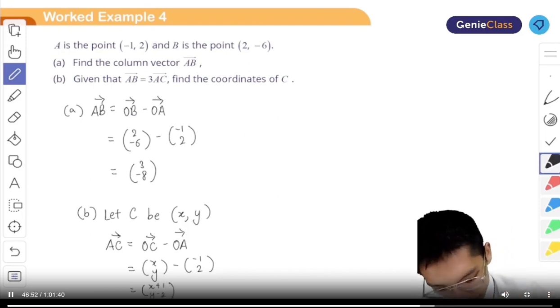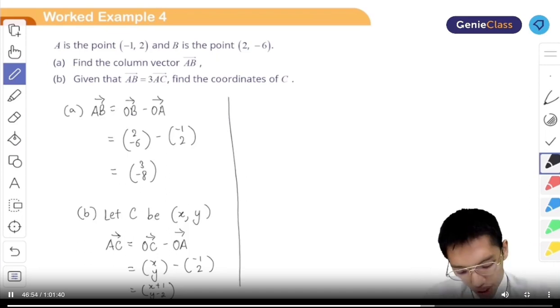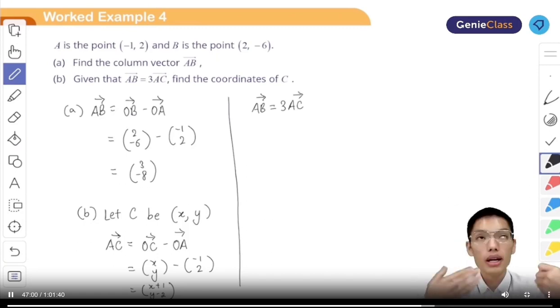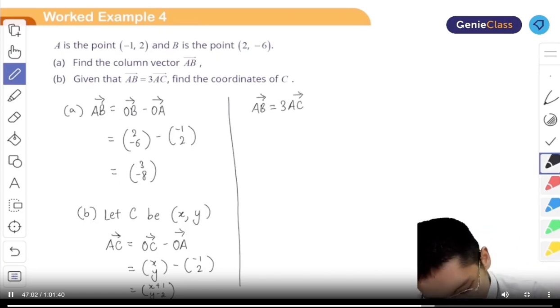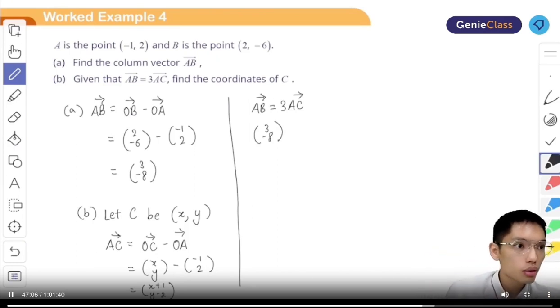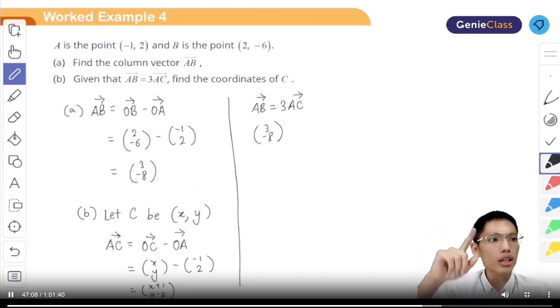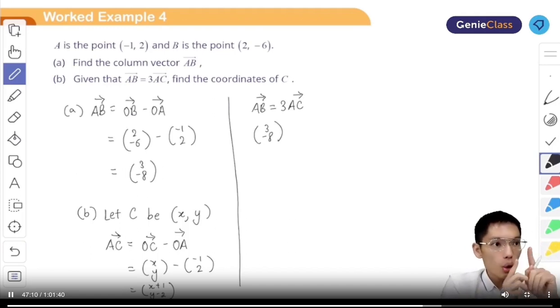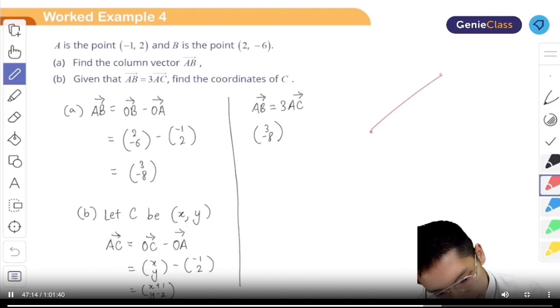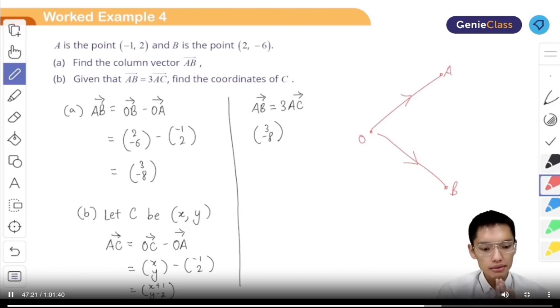From there, they already tell you AB is 3AC. So what do I have? Write it down. AB is equals to 3AC. What is AB? AB from part A, 3, negative 8. For finding OB, nope, you cannot because it's from A to B. OA minus OB. If I draw OA, let's say OA is here, OB is here, Jude. OA minus OB. Am I getting any vector?